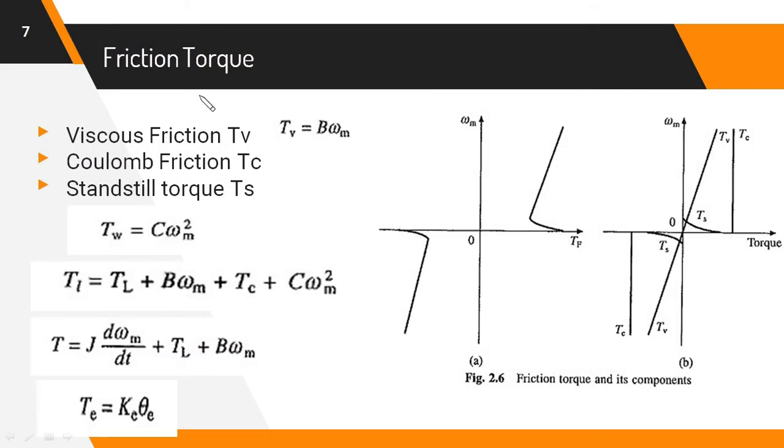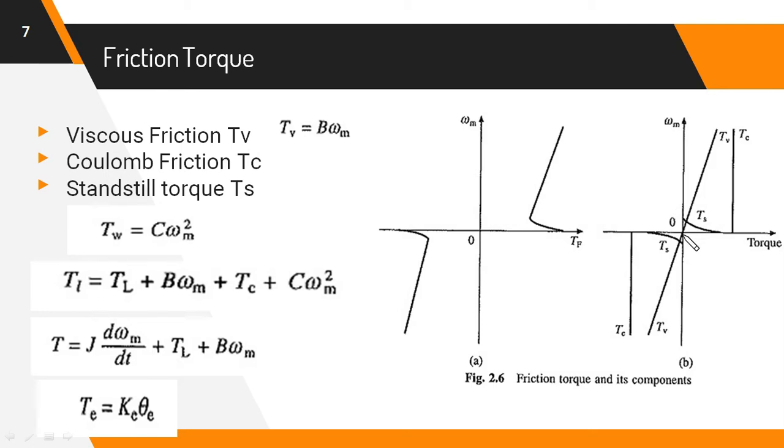So the first type we have seen is friction torque. That friction torque is again divided into three parts: viscous friction torque TV, Coulomb friction torque TC, and standstill torque TS. What is the viscous friction torque? The torque which varies linearly with the speed is called a viscous torque.